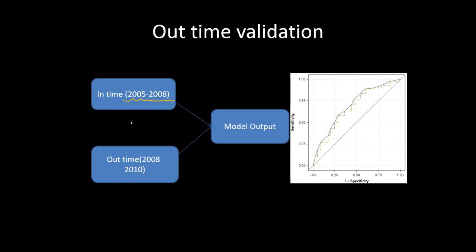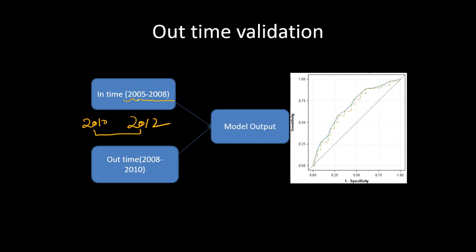Say we are building the model in 2012 and we have taken the data from 2005 to 2008, or maybe we are in 2010 and we want to use this model for 2 years, from 2010 to 2012. Now we want to have an out of time validation for this. So what is that? We'll test this model output in a period which is outside this training data period.